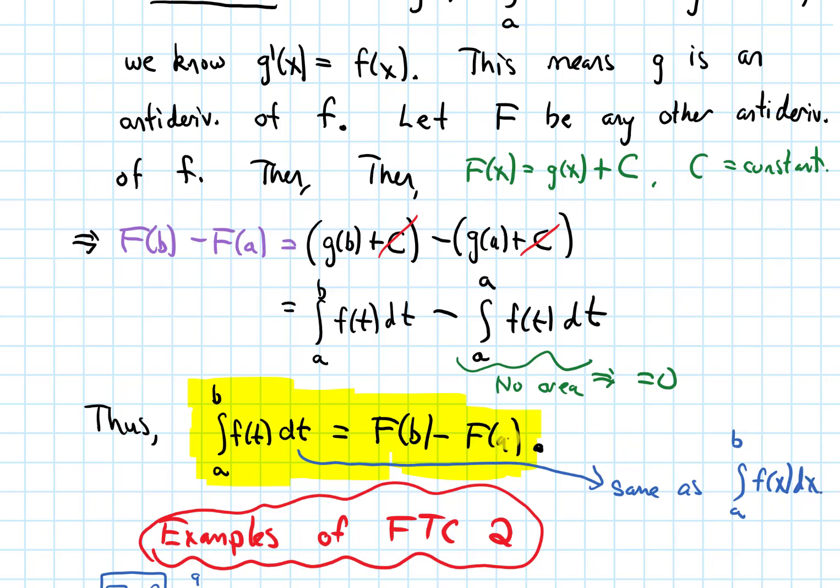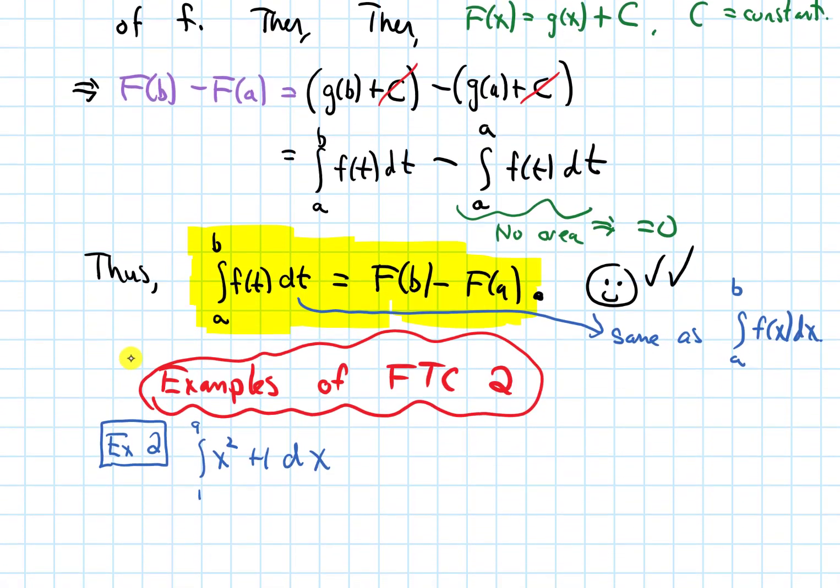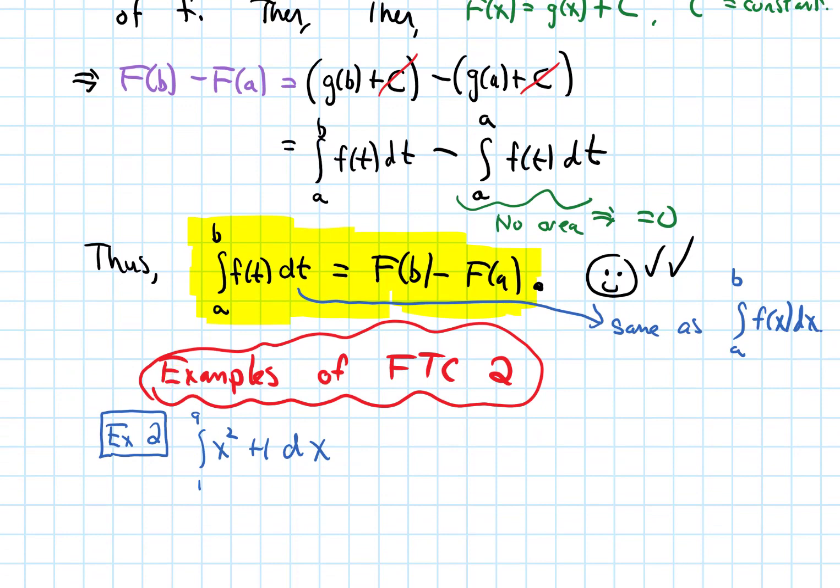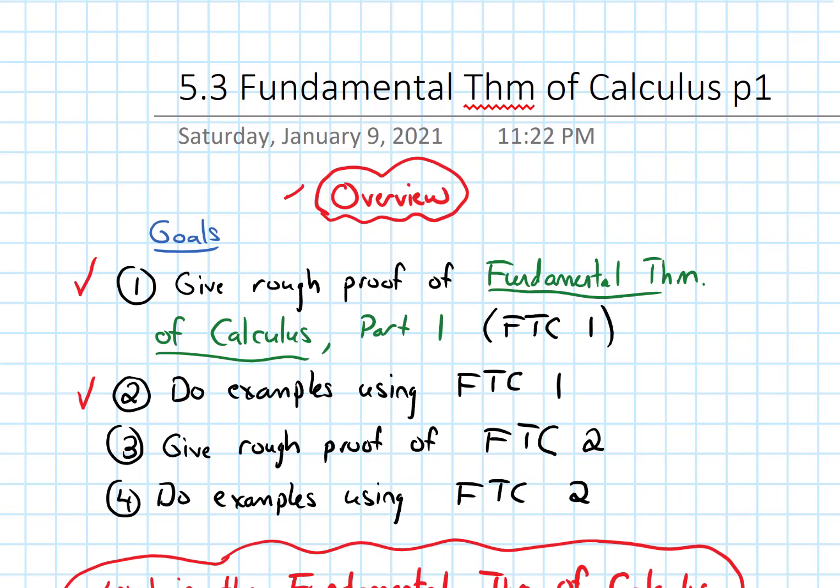Okay, so we have given a rough sketch of the proof here. I'll just put a smiley face to indicate that we have done it. We have proven this FTC part 2. So in the next video, we'll start to use this to evaluate definite integrals a whole lot more quickly, because we'll be able to do this by taking an antiderivative, plugging in the upper limit and that lower limit, and just subtracting. So in terms of our goals, we finished goal 3, giving a rough proof of the Fundamental Theorem of Calculus part 2.